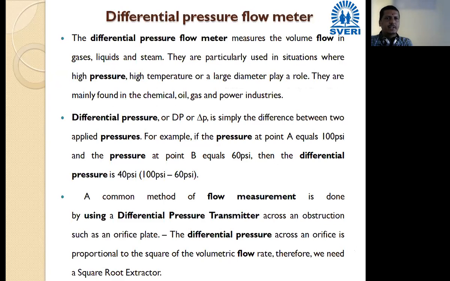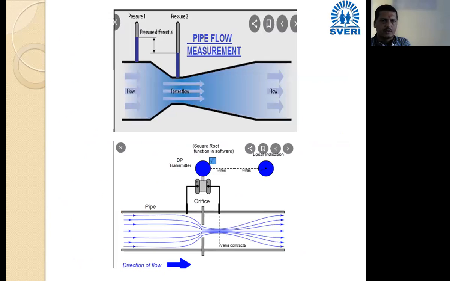The next title, differential pressure flow meter. Seeing the diagram, both diagrams are the same. The first diagram uses a conversion section and the second diagram uses an orifice to increase the pressure.